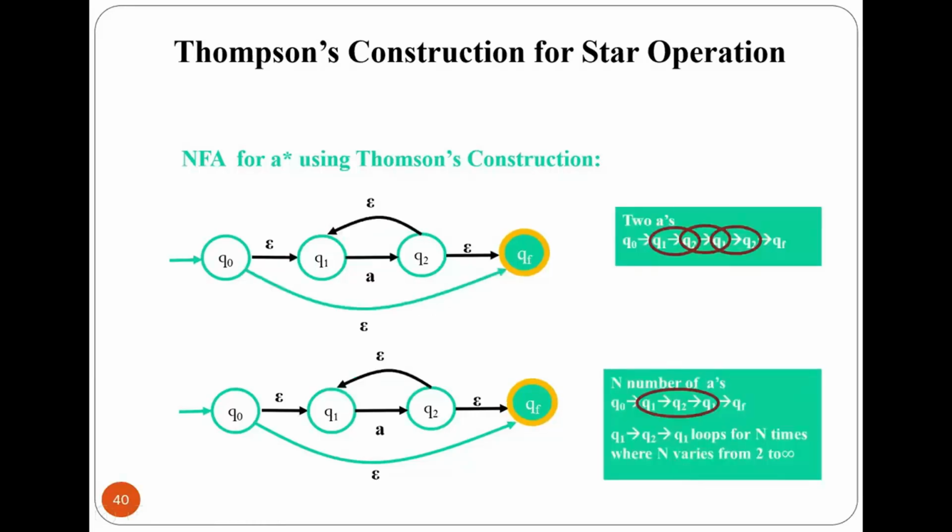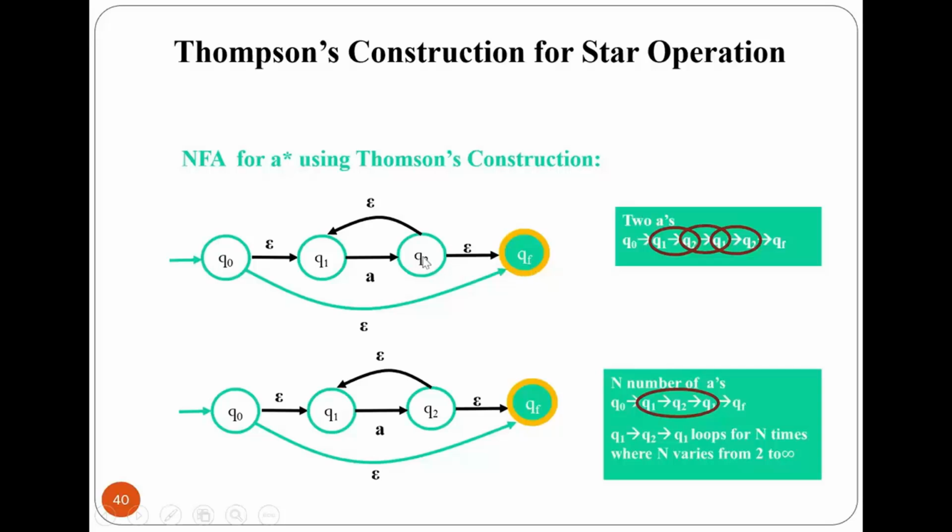Now, if I talk about Thompson's for 2A, I'll initially start off from Q0, move to Q1, then Q1 to Q2, single input consumed, that is A. Now, since I want 2A, I will move back from Q2 to Q1 and cover the second A, and then I will move from Q2 to QF.